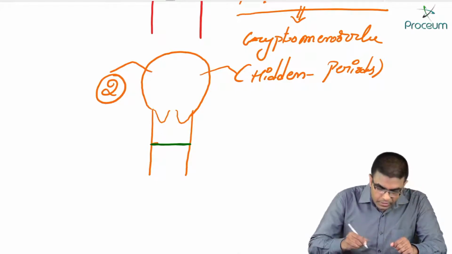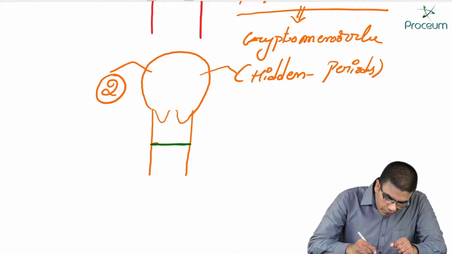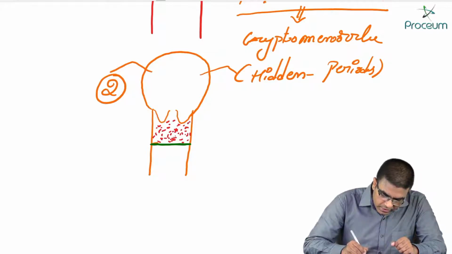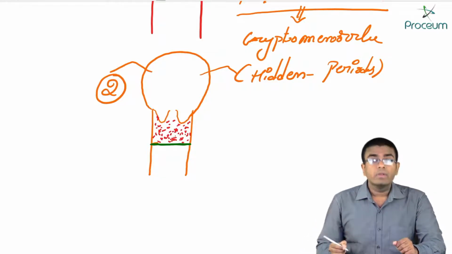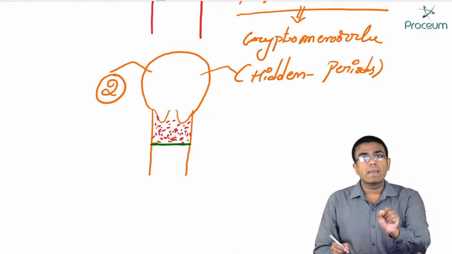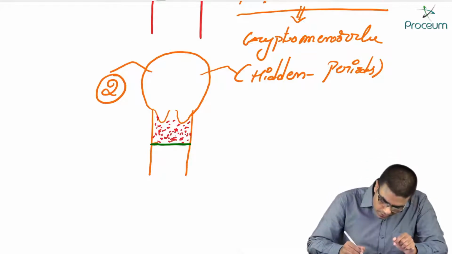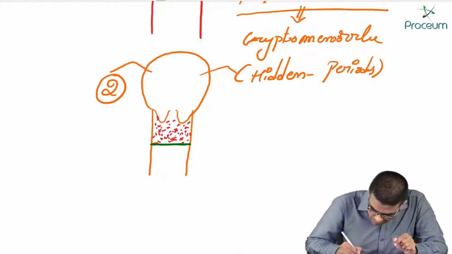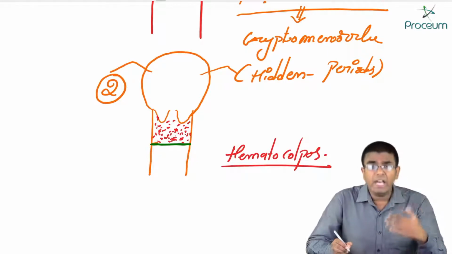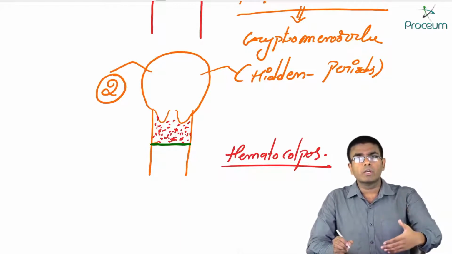This septum is not allowing the menstrual contents to come out. So this blood is going to accumulate here. The blood accumulation in the vagina is known as hematocolpos. Gradually this blood is going to accumulate over the months.